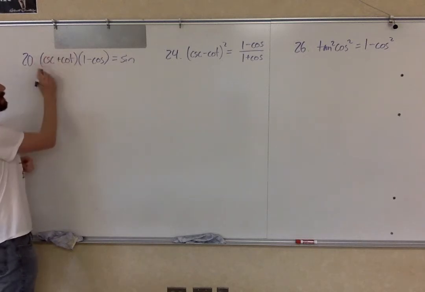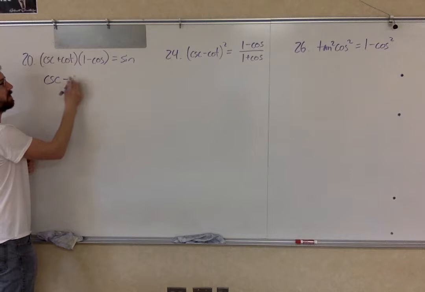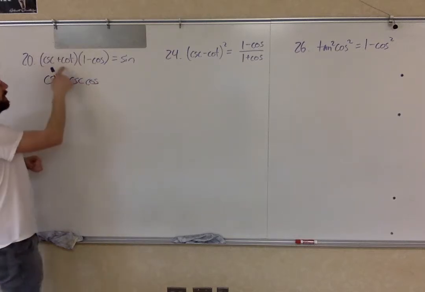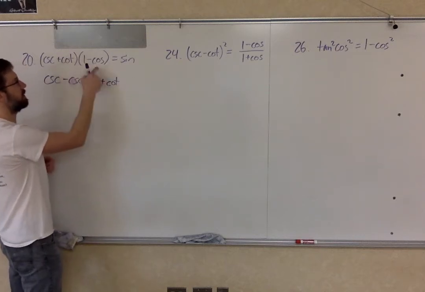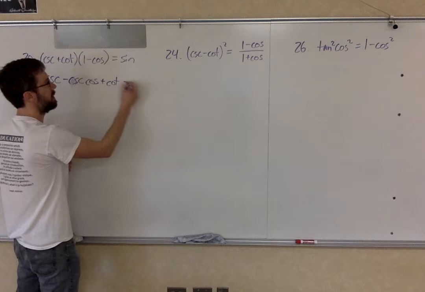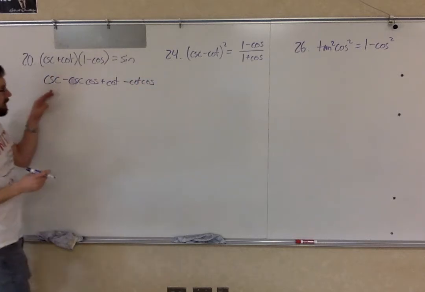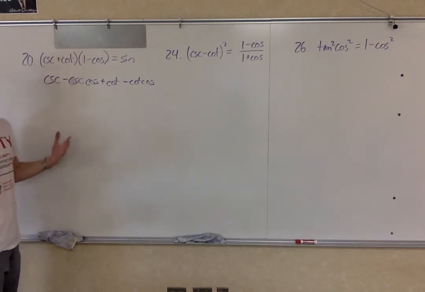So when I FOIL this, cosecant times 1, cosecant times negative cosine, so minus cosecant cosine, cotangent times 1, so plus cotangent, and then cotangent times negative cosine, minus cotangent cosine. Now I'm going to take each one and make it into its equivalent sine-cosine form.